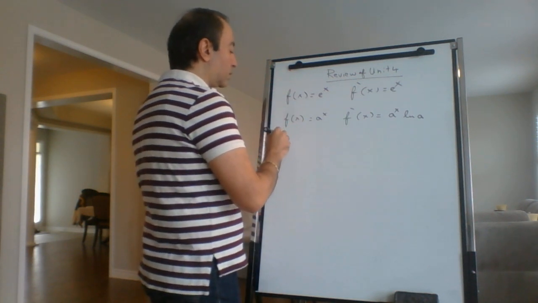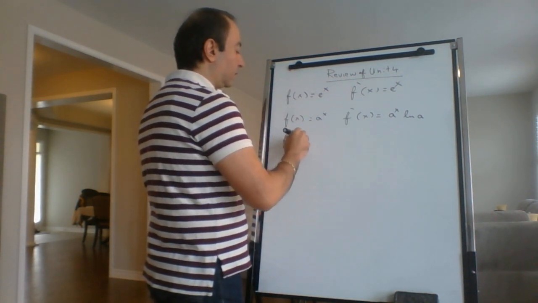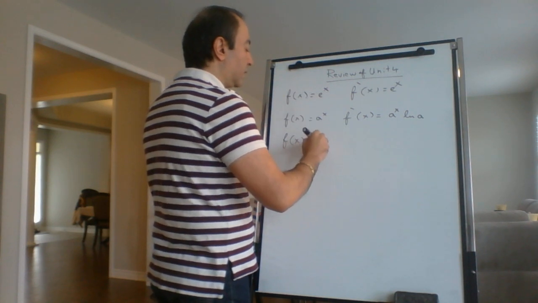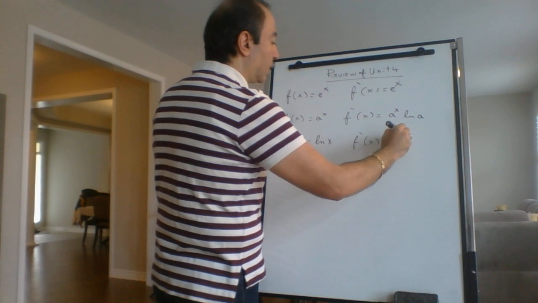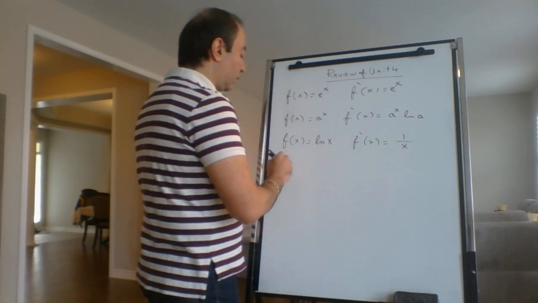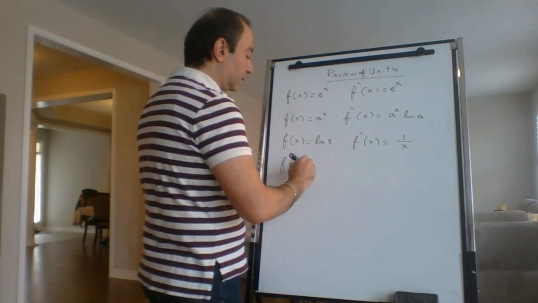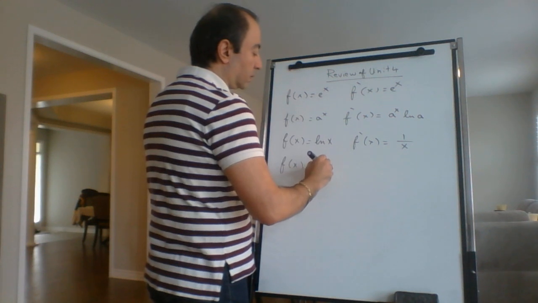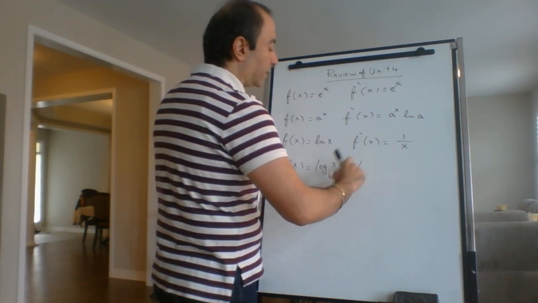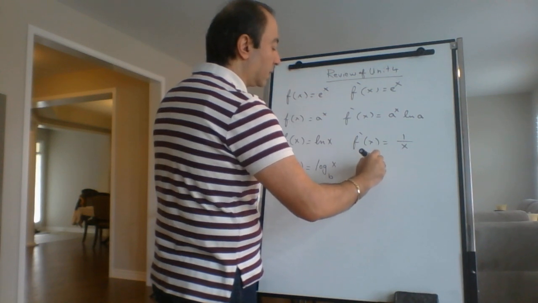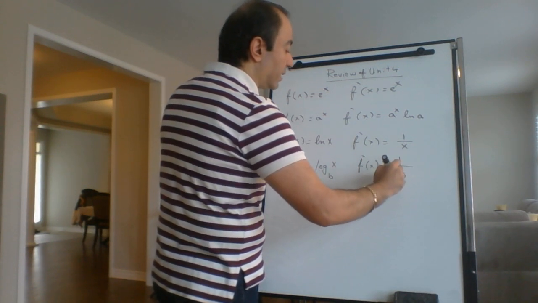Then we learned about the ln function. So if f of x equals ln x, f prime of x will equal 1 over x. If we have f of x equal log x base b, f prime of x will equal 1 over x ln b.